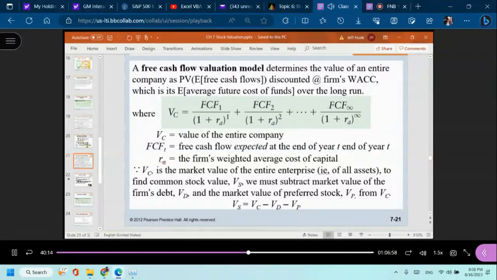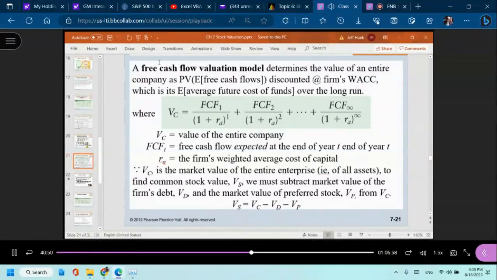Now I've been telling you, there are three types of values. One is book value, the other is intrinsic value, the other is market value. And I can tell you, market value is, in the short run, irrational. Book value is past. Now, if the market is in equilibrium, the market value is equal to the intrinsic value. Makes sense?